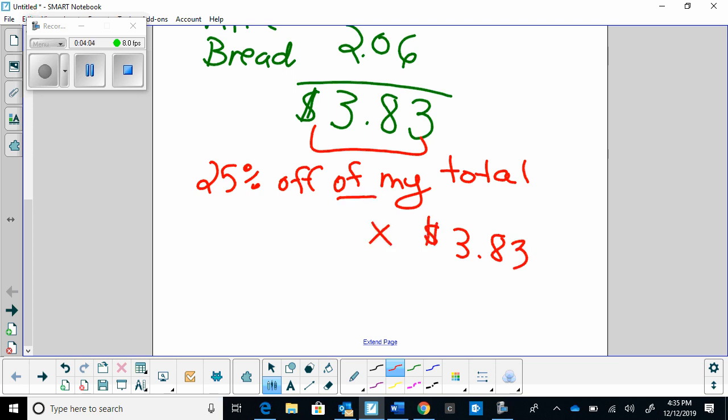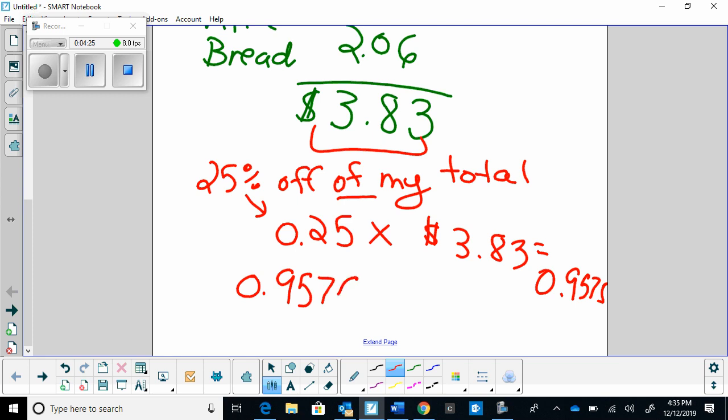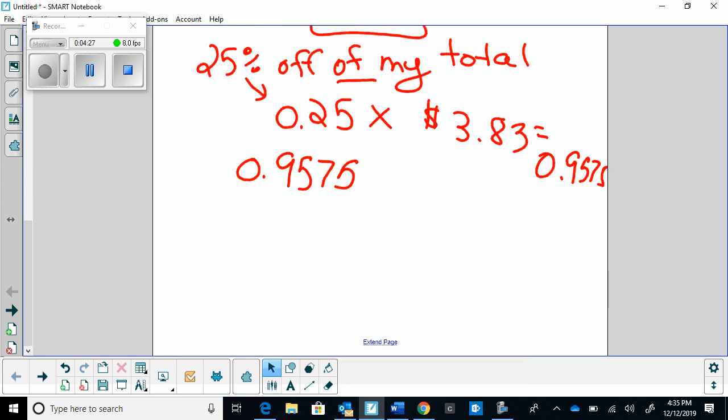Off means to multiply, and 25% we convert to a decimal and we get 0.25. So 25% of $3.83 is going to be 0.9575. Here I will rewrite that. That's the discount amount.